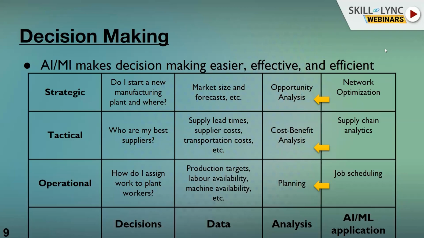So for example, if we look at setting up a manufacturing plant, some of the applications like network optimization solutions in artificial intelligence will help you identify what could be the right locations. Or similarly, once I set up my plant, who should I purchase my supplies from, right?